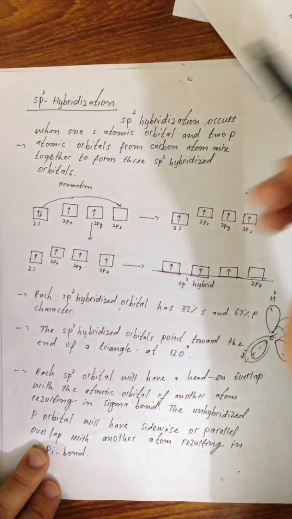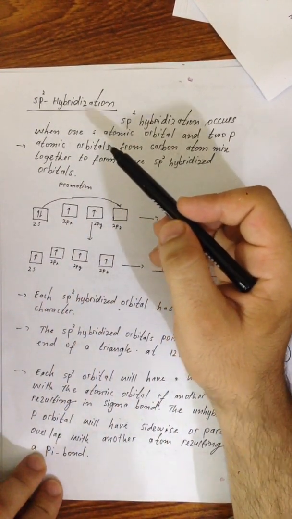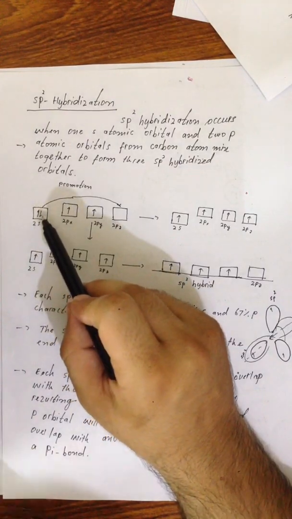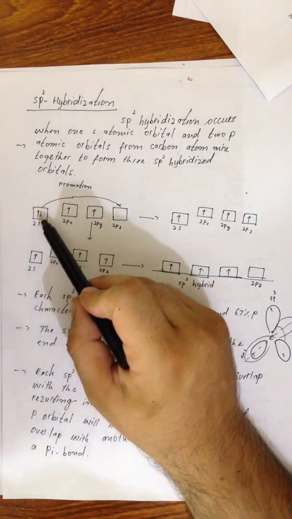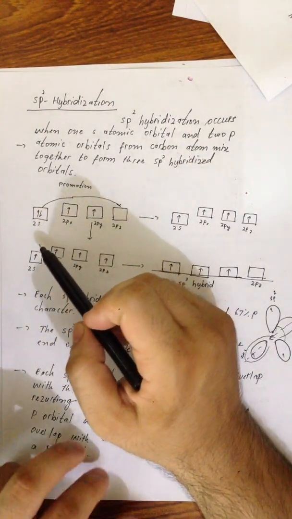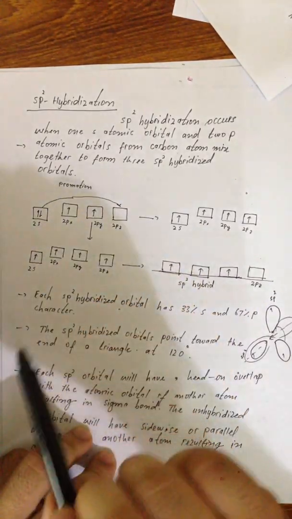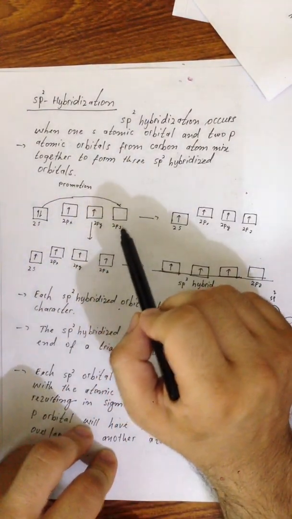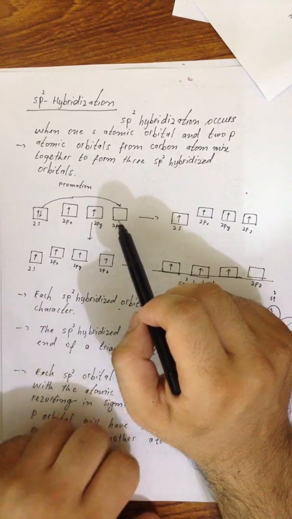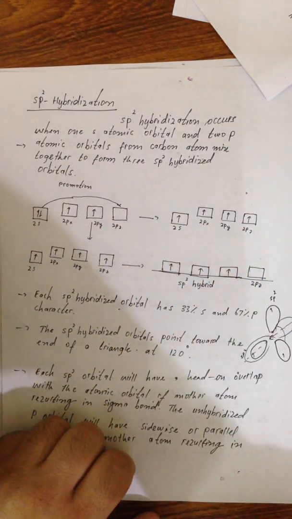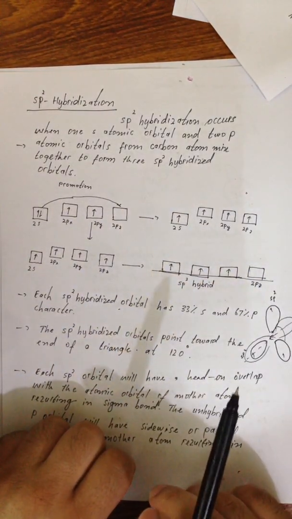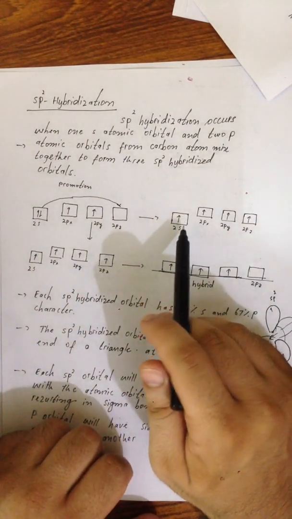But after the promotion or excitation, one electron from the 2s orbital will get promoted into the 2pz orbital. So it looks like this.